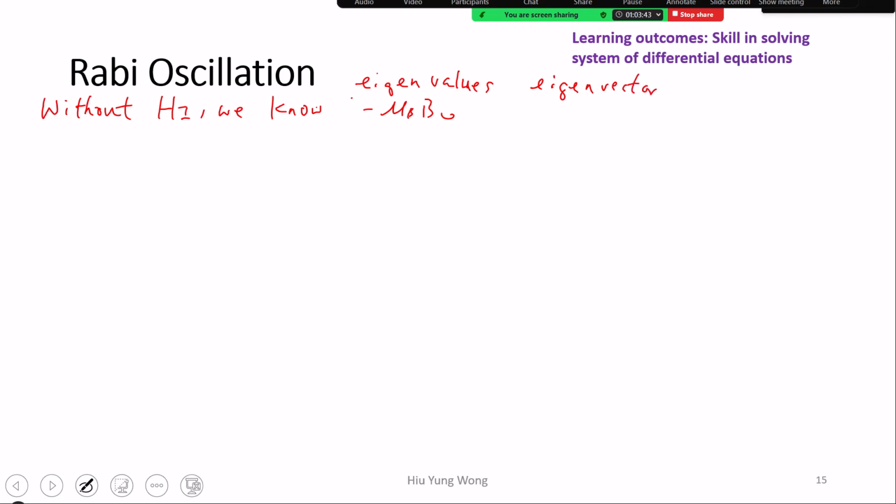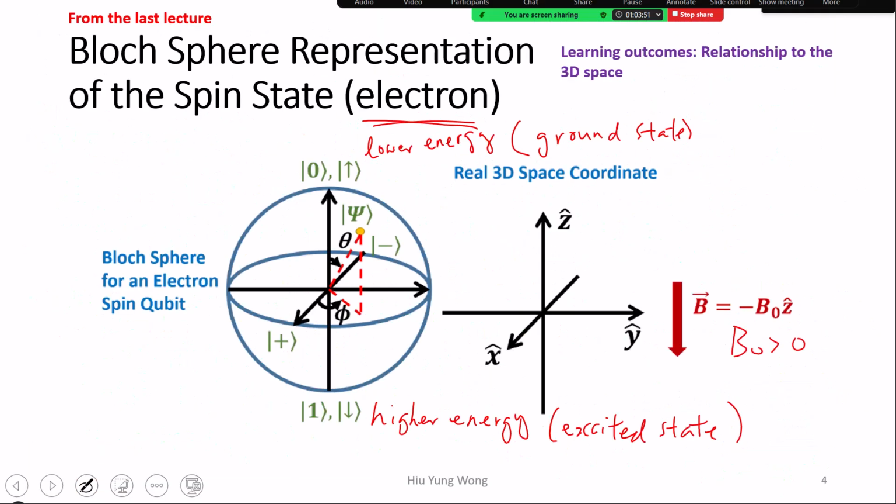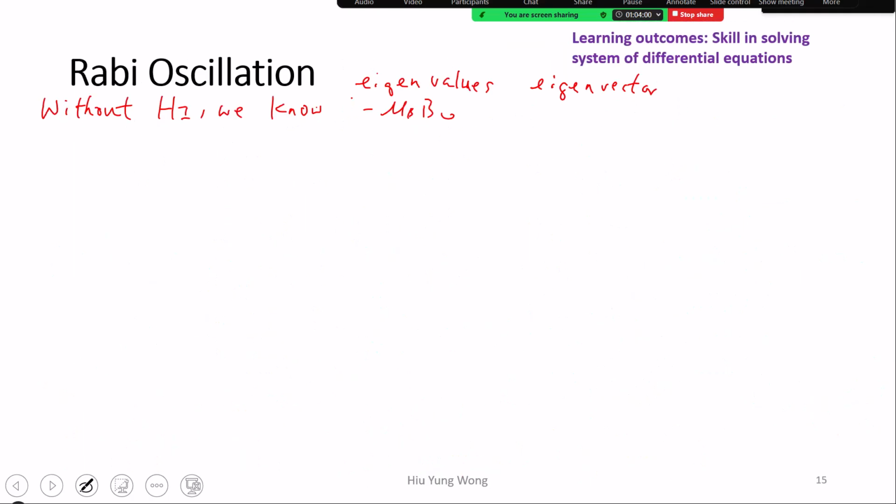Which eigenvector is that? Which state has negative mu B0? Spin up, right? So this is the eigenvector, spin up. And it also has another eigenvalue, which is positive mu B0, which is 1, that is spin down.